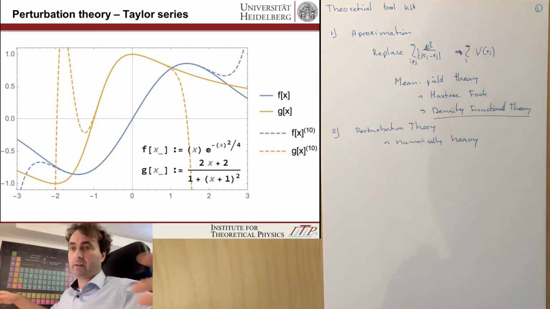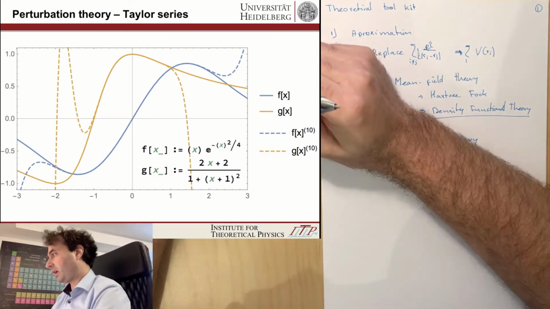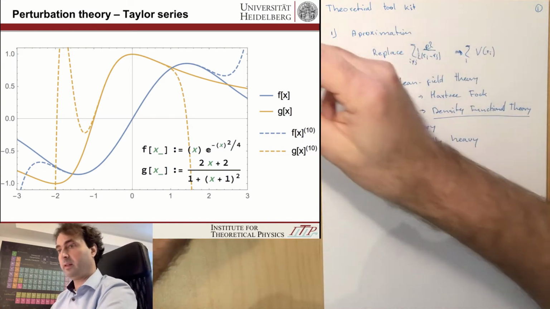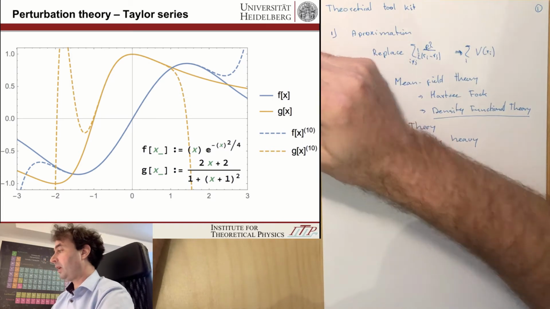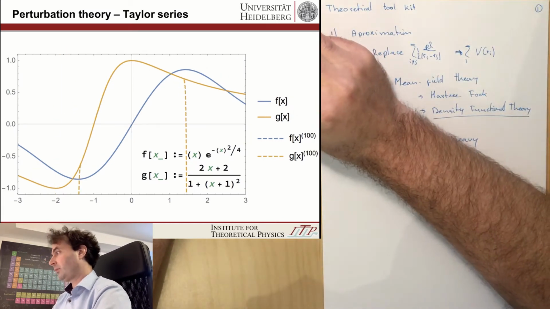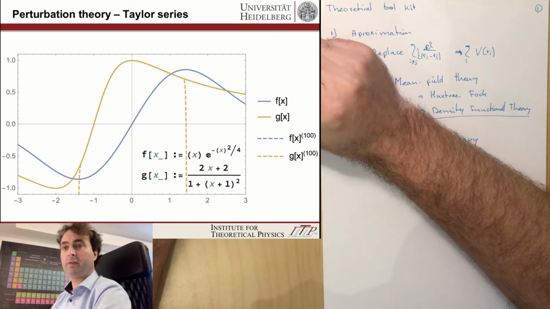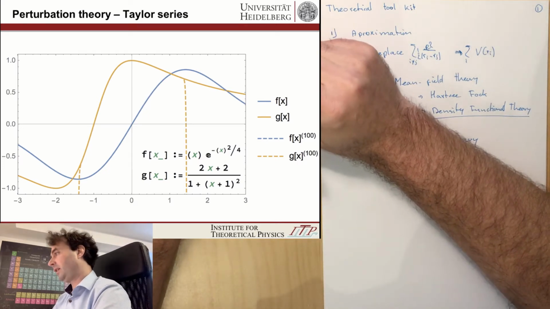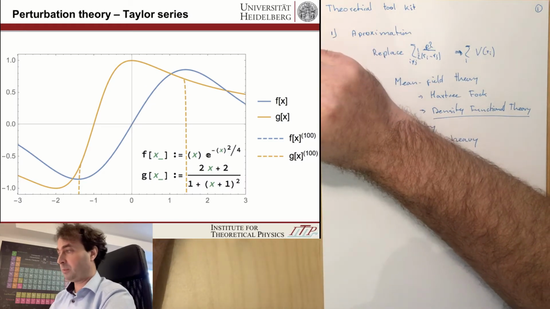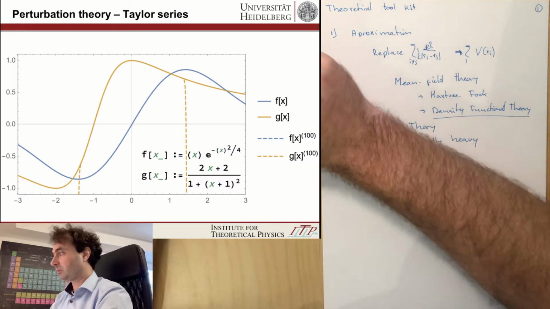Of course, for higher values of x, things start to deviate, but we'll just make the order of the series higher and things should get better and better. If we do that, here a 100th order polynomial expansion in a Taylor series, then we see for the blue line all works fine. They're basically completely on top.